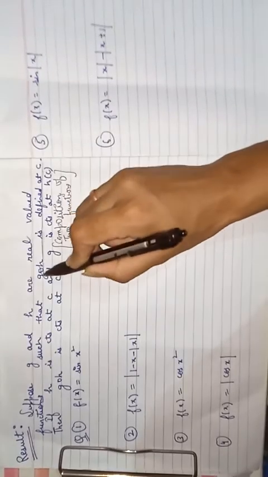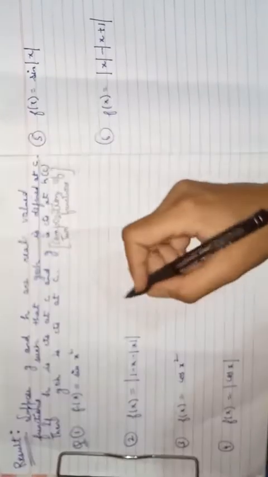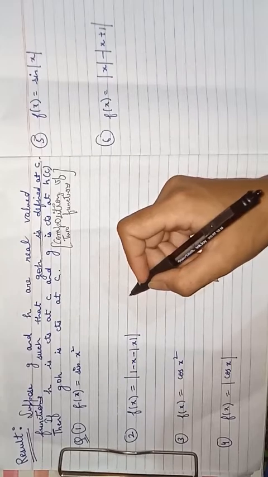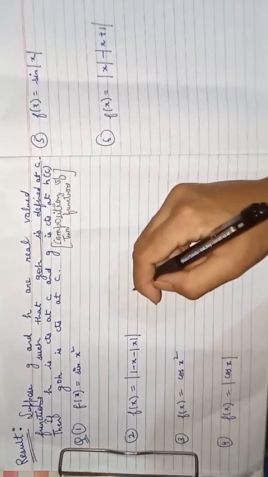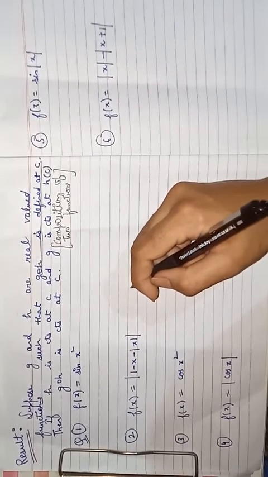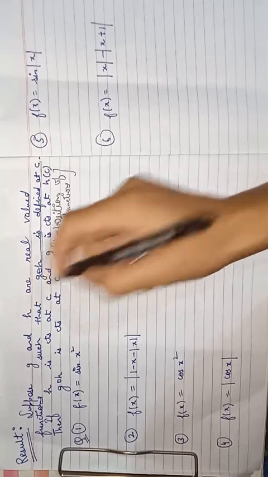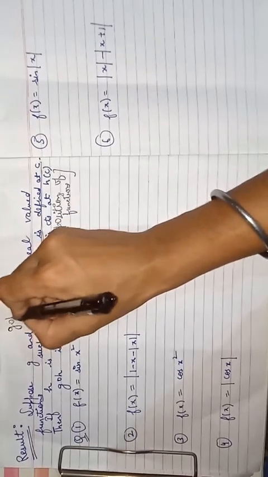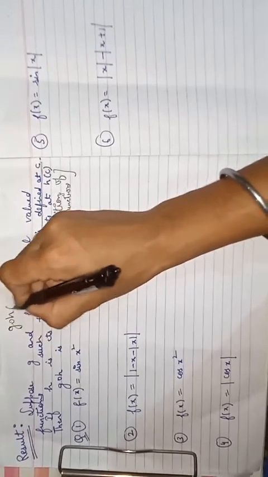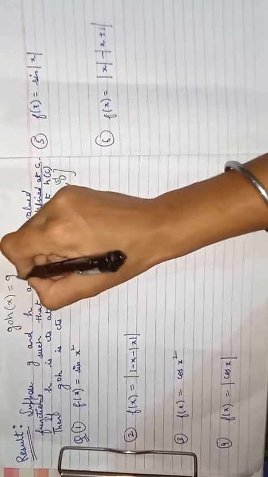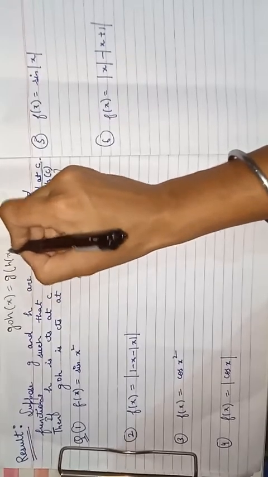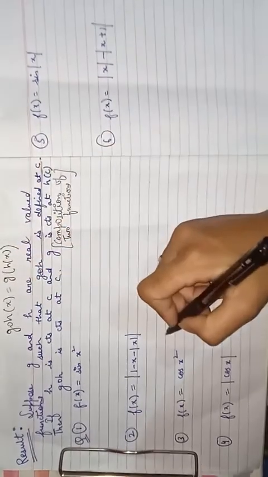This means all the rules should be satisfied: the denominator should not be equal to 0, or there is no negative sign under the root, right? Now what is GOH? GOH of x means g of h of x, right?